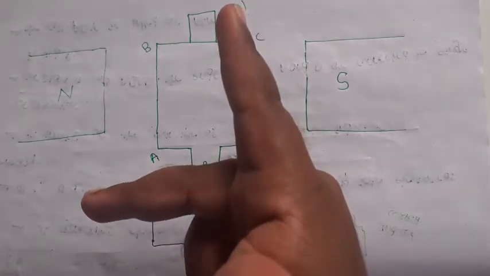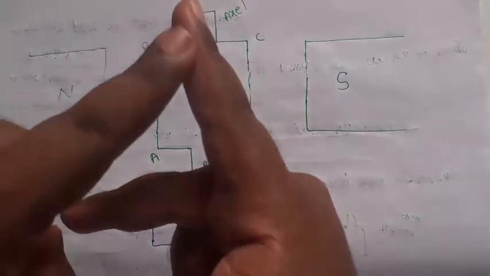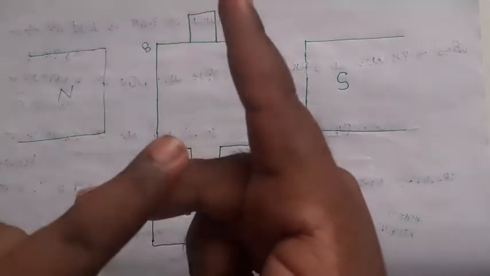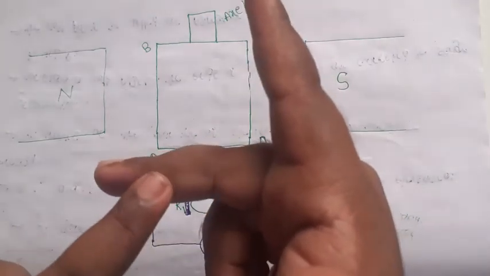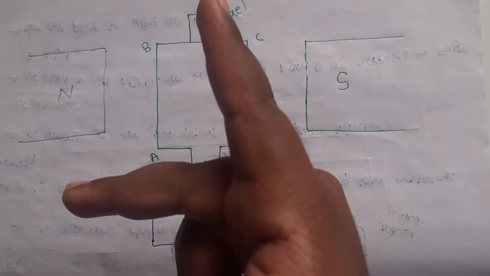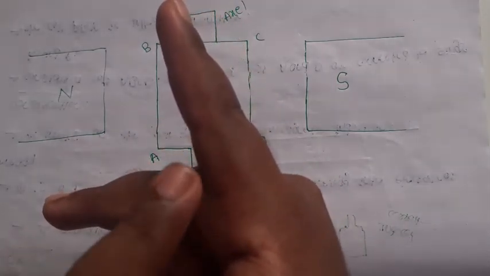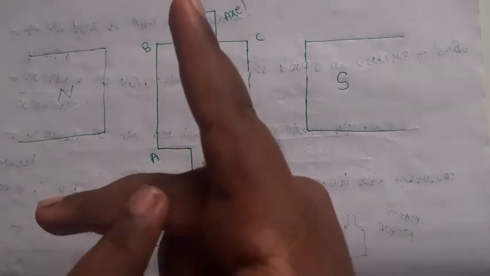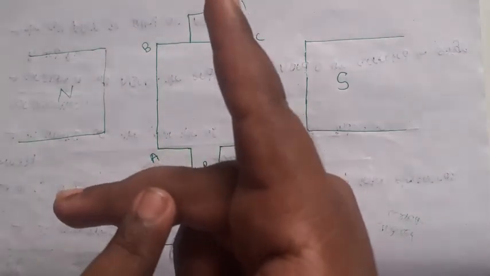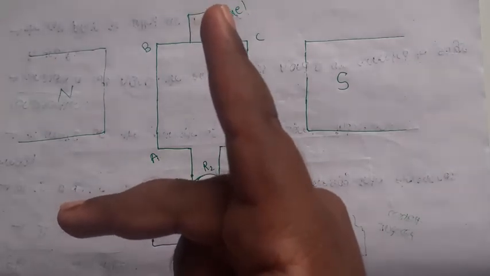If you know the direction of motion of the conductor and the magnetic field direction, you can easily find the induced current direction. First place the motion of the conductor and magnetic field direction with your fingers, then the remaining finger, the middle finger, shows the direction of the induced current.